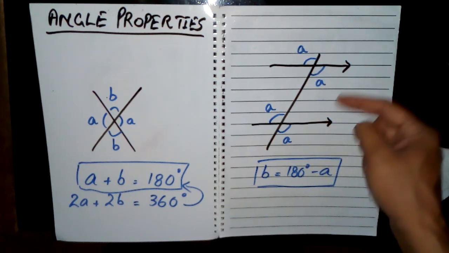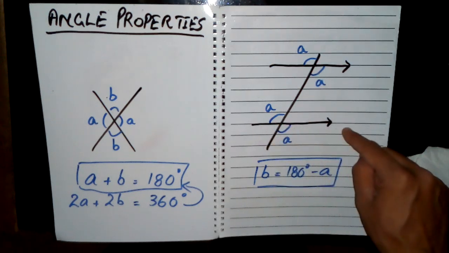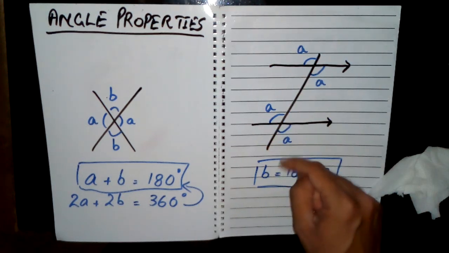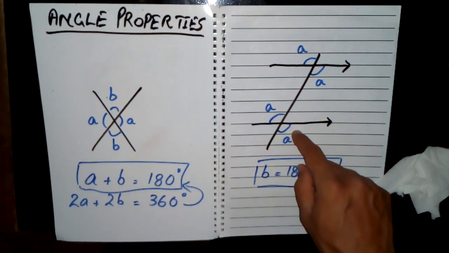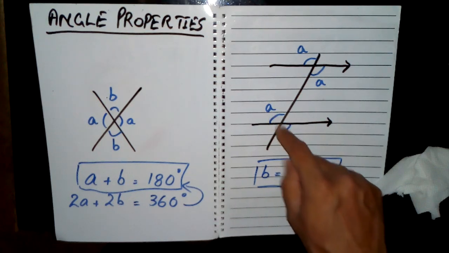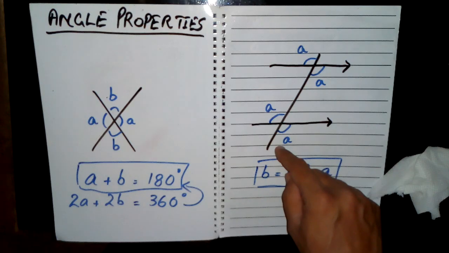Because these two lines are parallel, these two lines have the same direction. Because of the same direction, if this angle is A, then it should also be A. And if this angle is A, then these two angles must also be A because these are two intersecting lines.